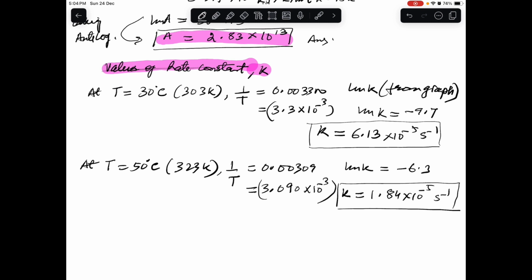Sorry, this is 3, not 5. This value is power minus 3. The first one is power minus 5, the second one is minus 3. So this is our first answer, this is our second answer, the rate constant at the two temperatures which are given to us. This is all about this problem. Come to the next one.